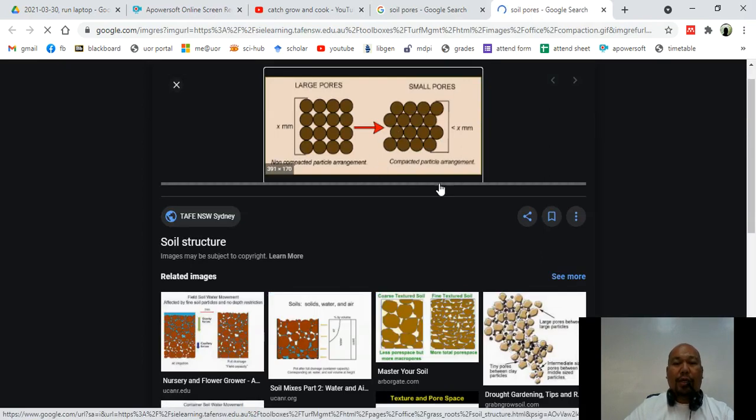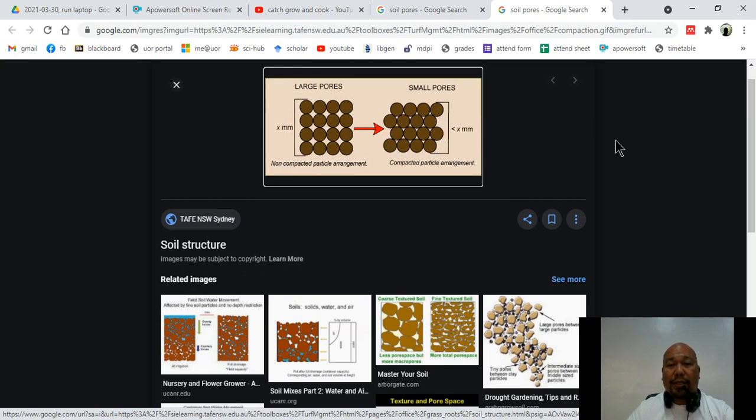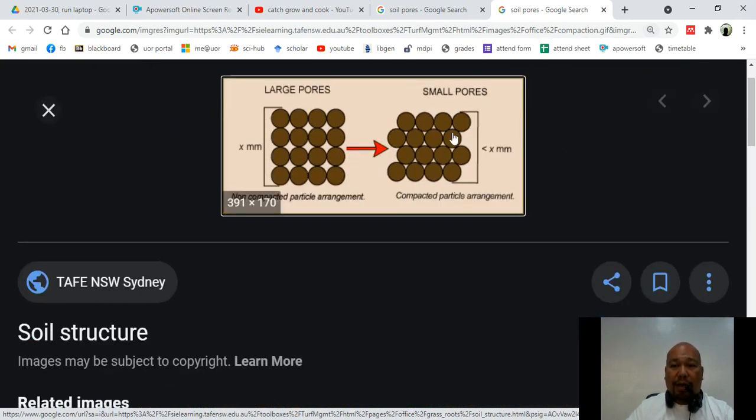I think you can see this one. This is macropores, simplified. This is micropores. By virtue of the sizes of the particles, if your particles are small, the spaces in between them, or the pore spaces, which are normally of course occupied by soil air and soil water, are also small. If the particles are big, the spaces in between are also big.